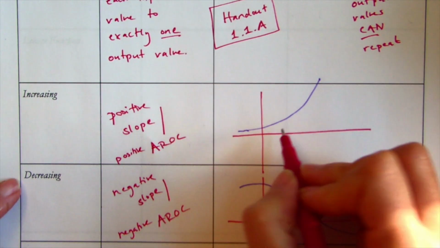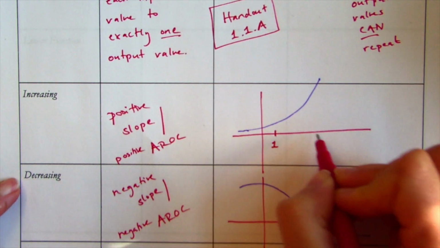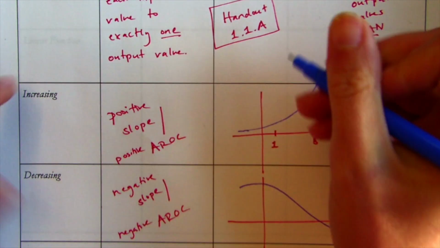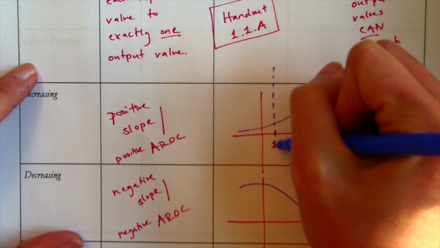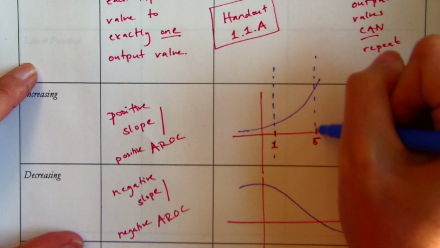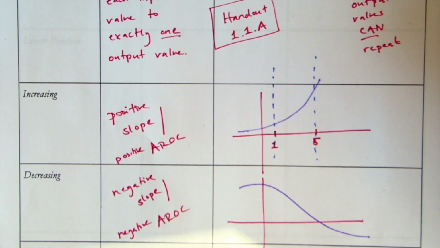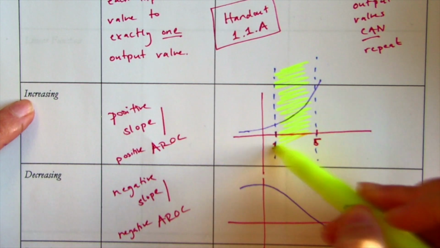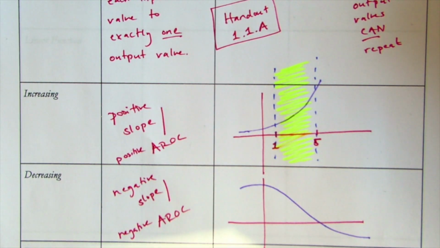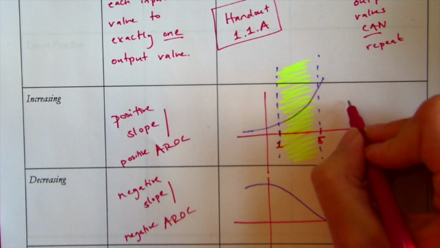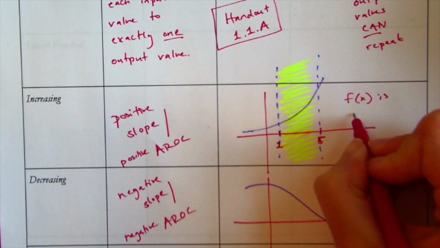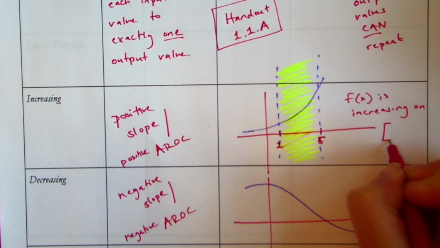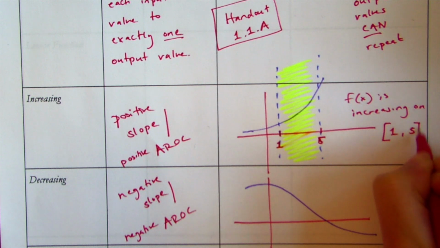So like if you say this is the x value of 1 and this is the x value of 5, we could just focus on this interval of the function. And we could say this function is increasing on the interval 1 to 5.